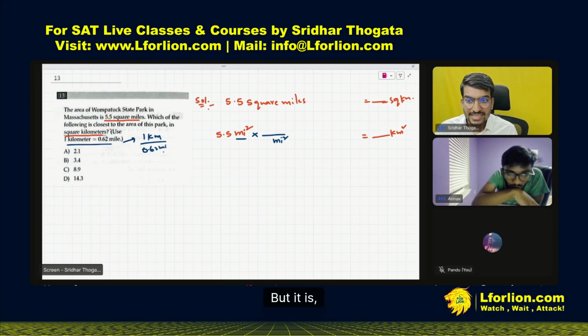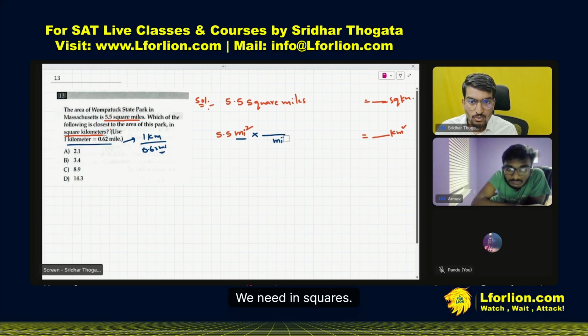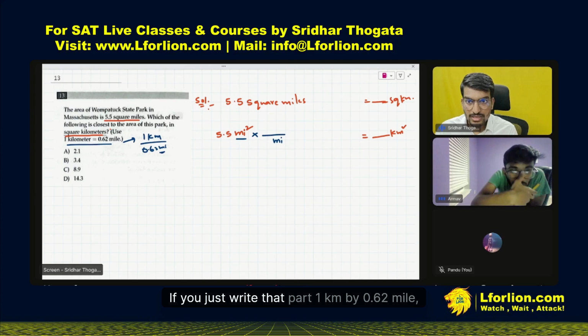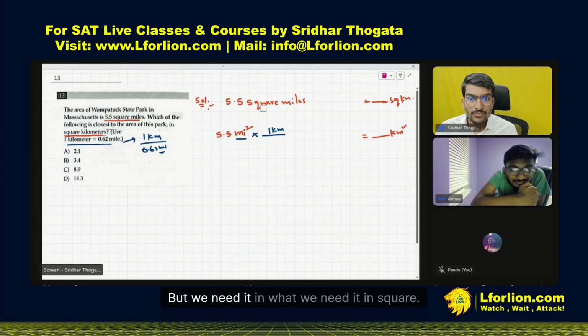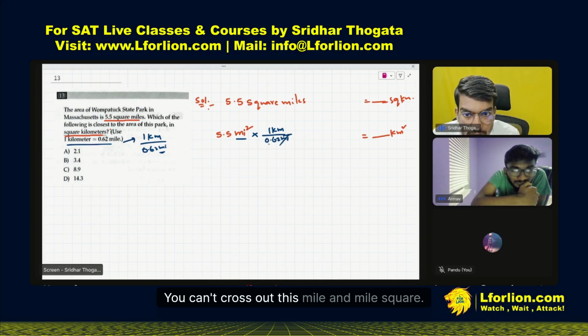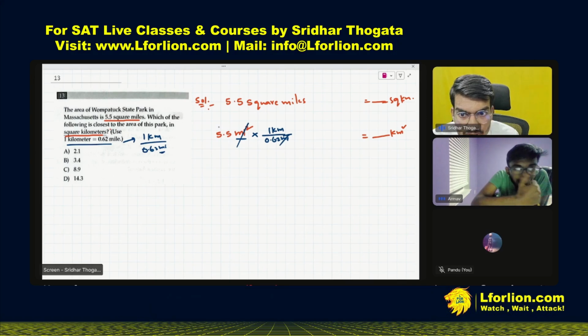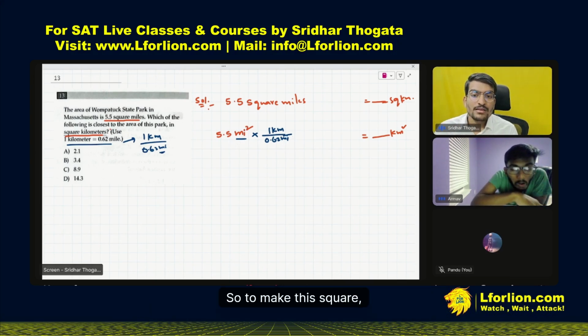But it is only in miles and we need it in square. You can't cross out this mile and mile square; that's completely incorrect.